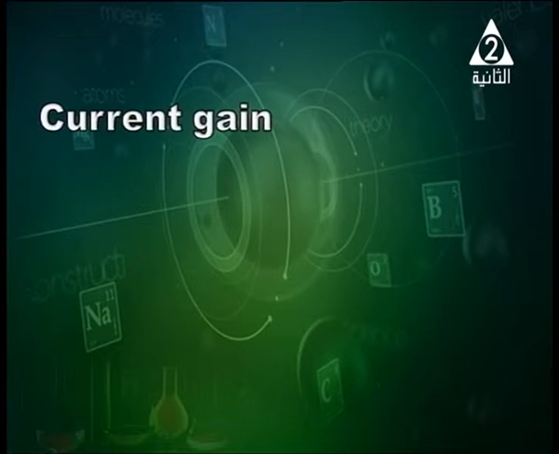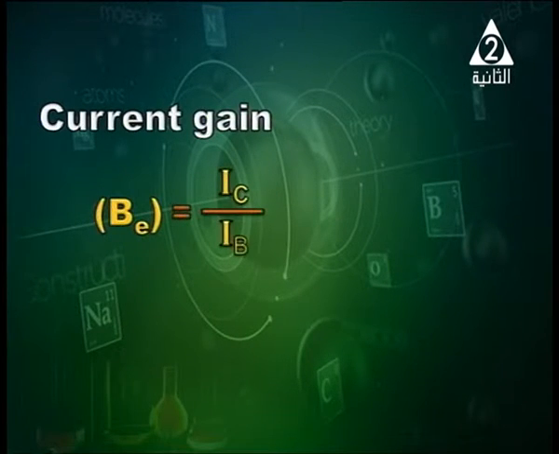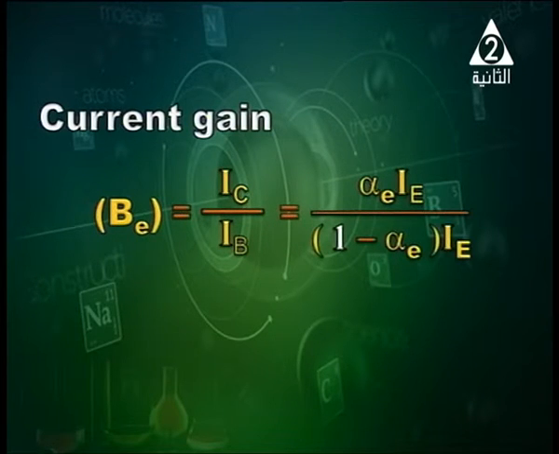And we've got current gain. Current gain is denoted by beta E, which is the ratio between collector current and base current. Collector current equals alpha E times I emitter. Base current, we've managed to obtain, is equal to 1 minus alpha E in brackets times the emitter current, and of course the emitter current will be crossed out.